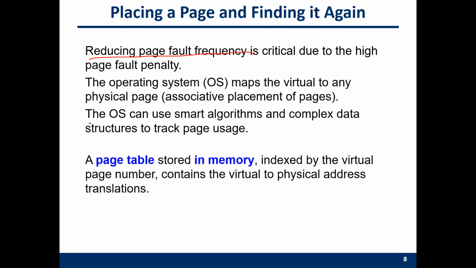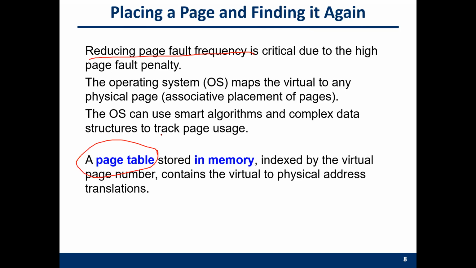So the operating system can use different policies to do the replacement and different data structures to track the page usage. Typically, this data structure is called a page table. The page table is stored in the main memory, in your physical memory.